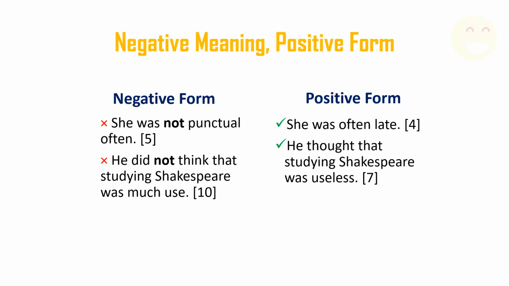And in the second example, again, we're using not to express his opinion about studying Shakespeare. But we can easily make the sentence positive by using the negative form of use, which is useless. Now, instead of telling the reader what is not, you're telling him what is. Notice that when we make the negative sentences positive, the number of words also decreases.